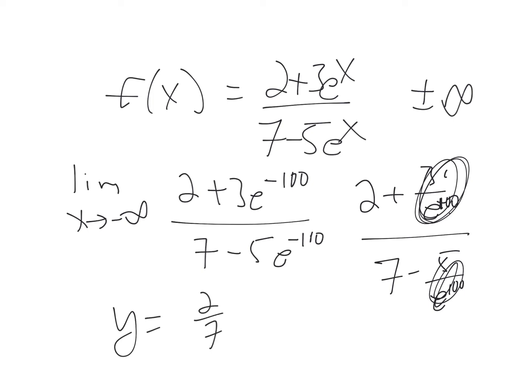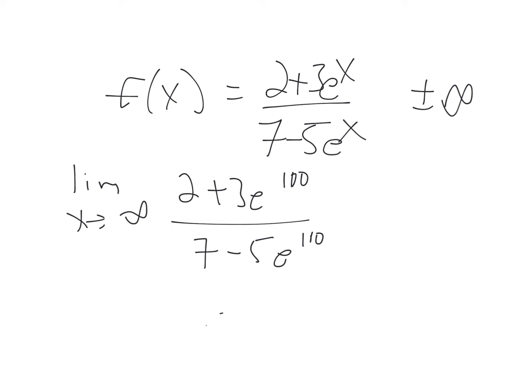And that same thing happens with positive 100. Well, I think it does. Let's see what happens here. Go out on the positive side, what happens? Well, in this case, 3e to the 100 is much bigger than 2, right?